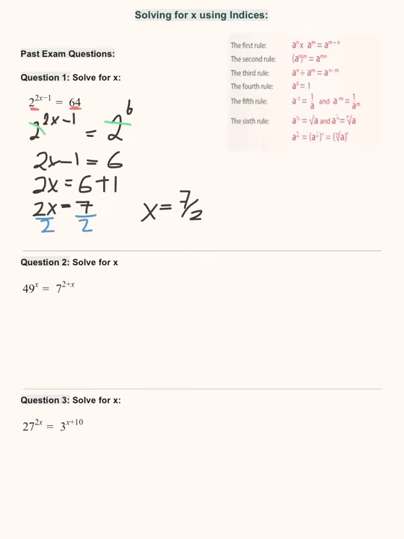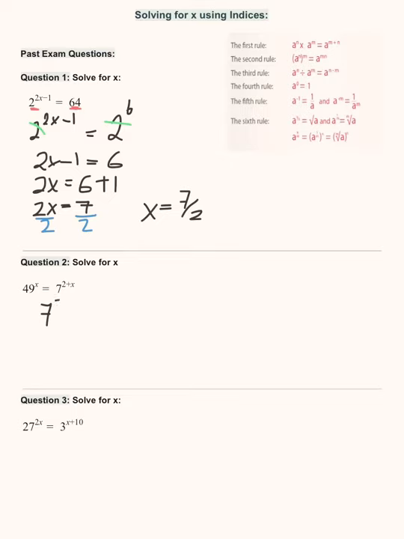Okay, so let's have a look at the second one, applying those same principles. So I've got 49 to the power of x and 7 to the power of 2 plus x. So I know I've got powers, I've got indices, my bases are not the same. Here I can recognise that 49, I can rewrite 49 to a base 7, as 7 times 7 is 49.